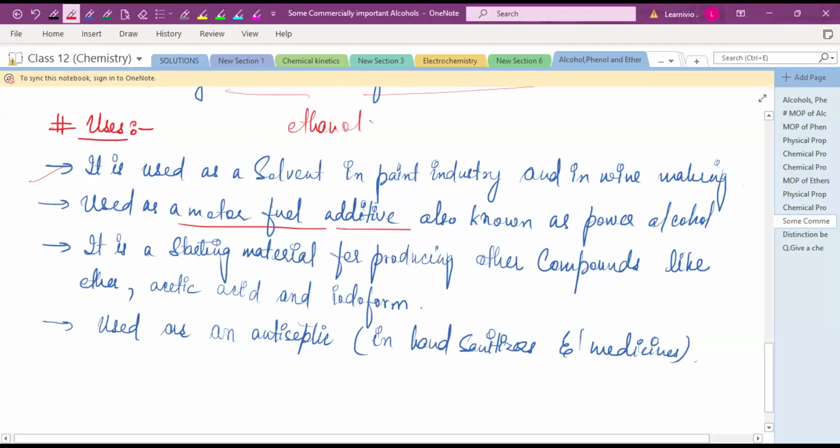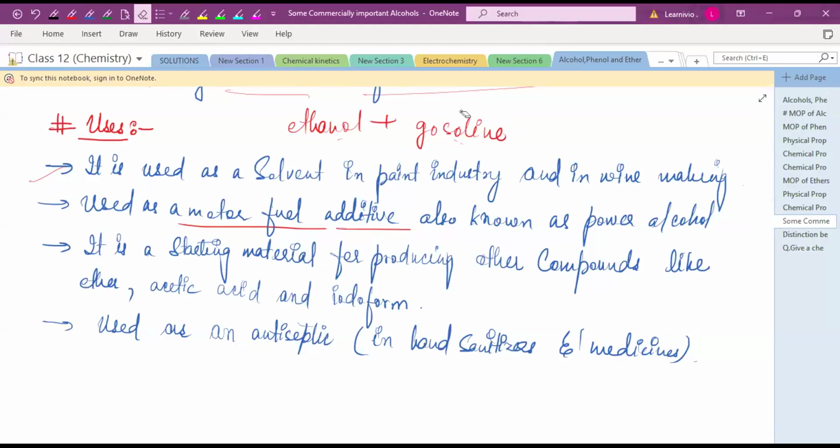When ethanol is added to gasoline, it is known as power alcohol, which is used in the engine to improve the performance of the engine and to reduce pollution.